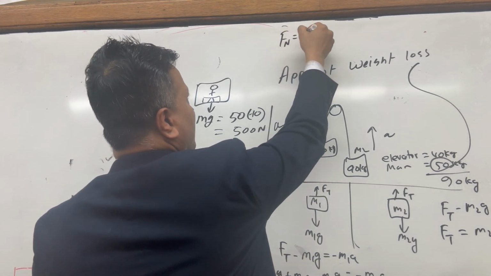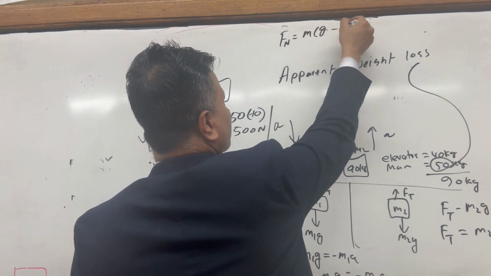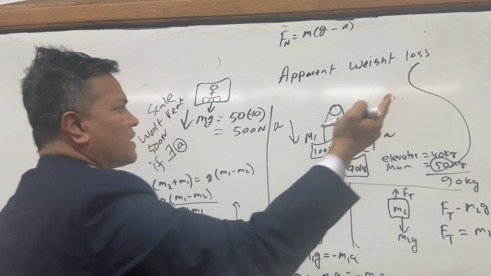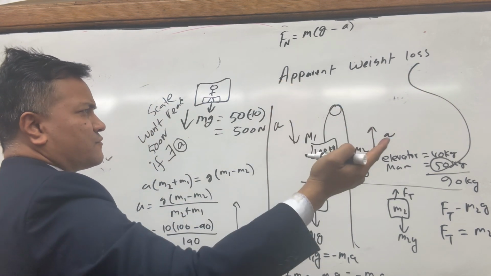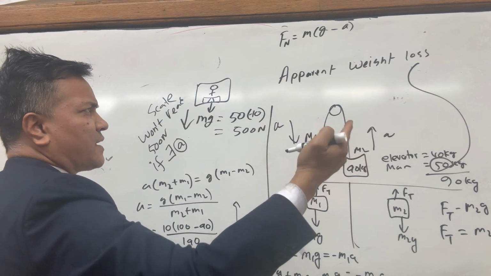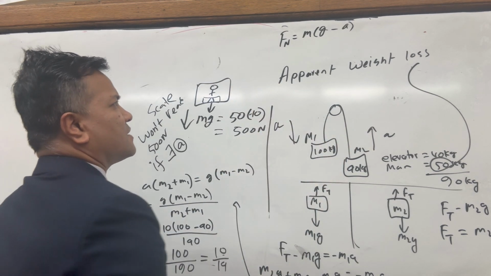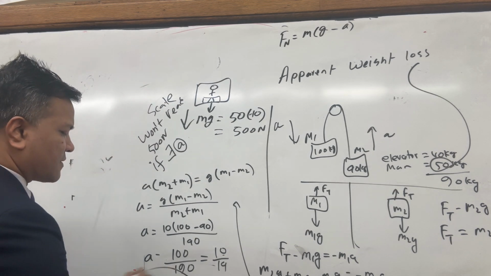Since I asked you for the apparent weight loss, you're going to use this one. Fn is equal to mg minus a, right? Because you only experience weight loss when the elevator is moving down, right? Okay, so you negate this acceleration.